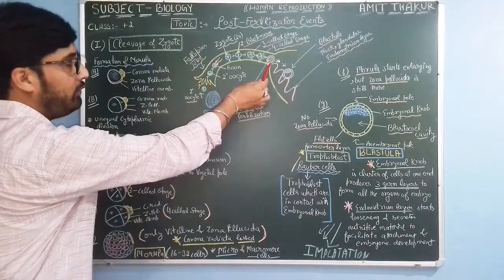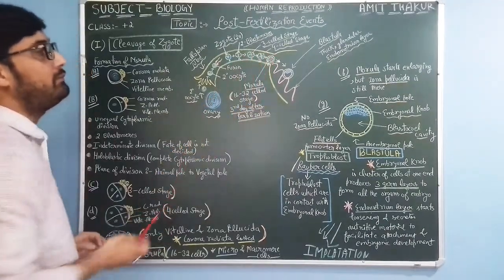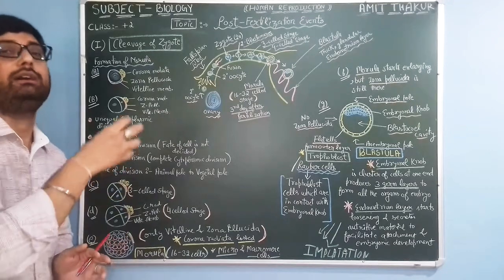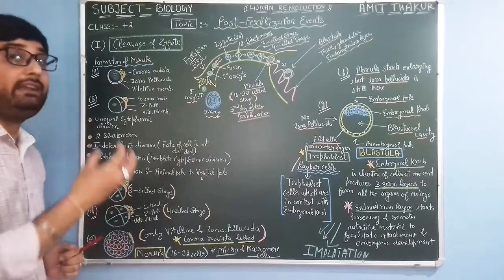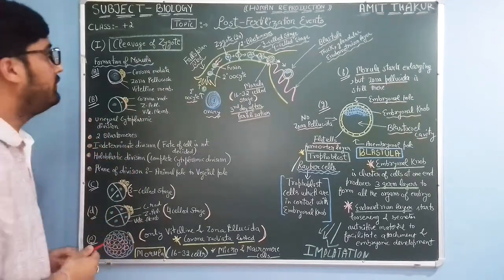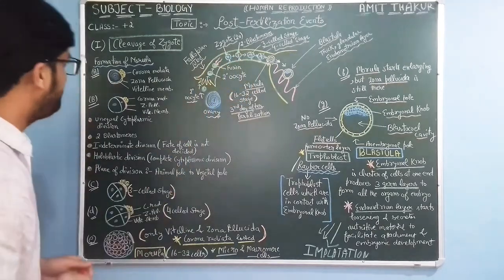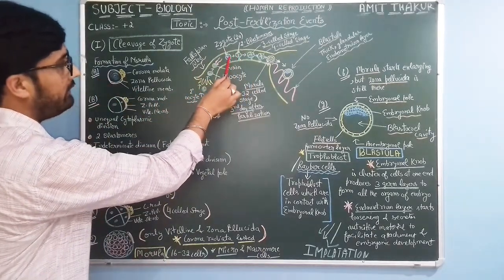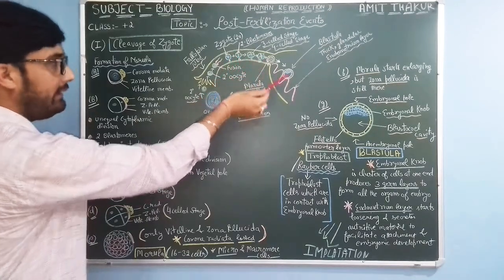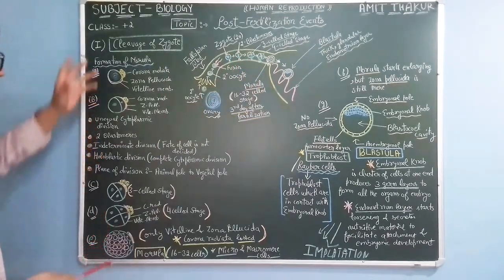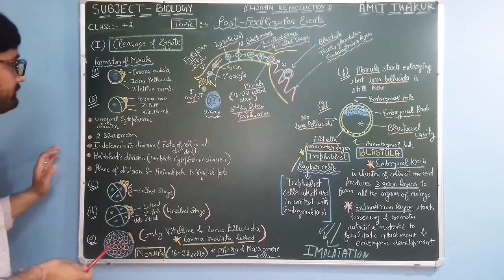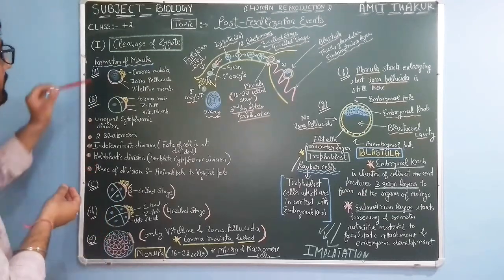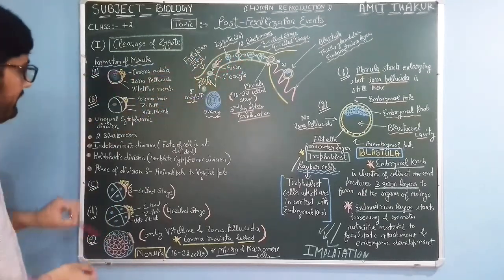How is this 16 to 32 cell stage morula formed from a zygote? It takes 3 days to form a morula stage. So this is A, B, C, D, E, and so on, and I have shown all of these stages over here.